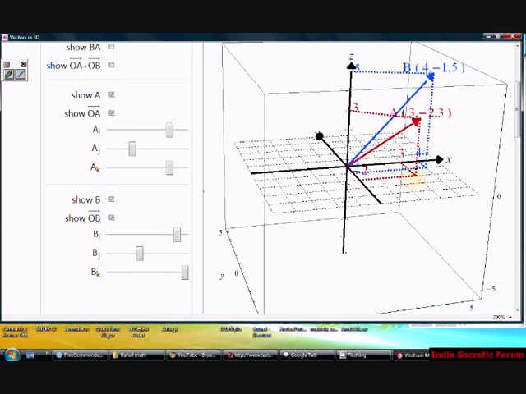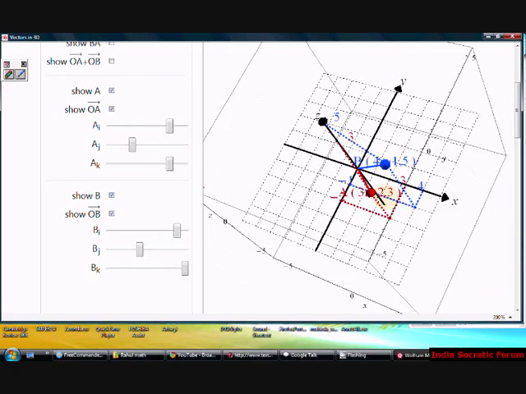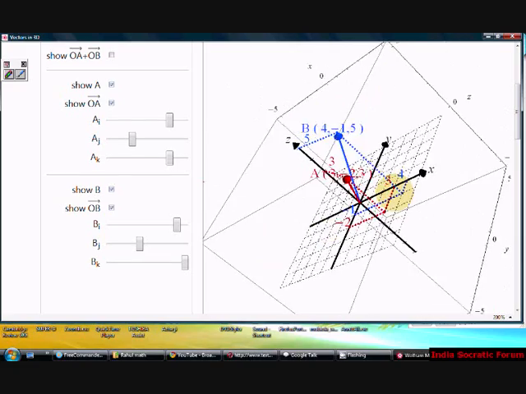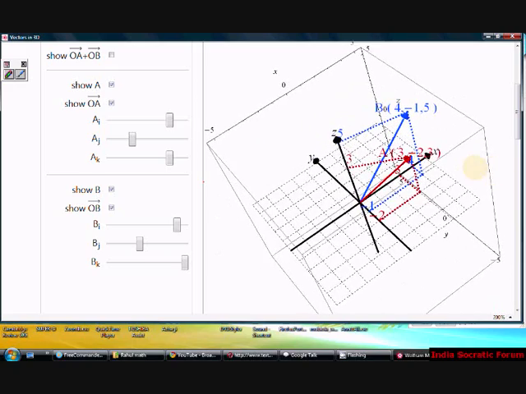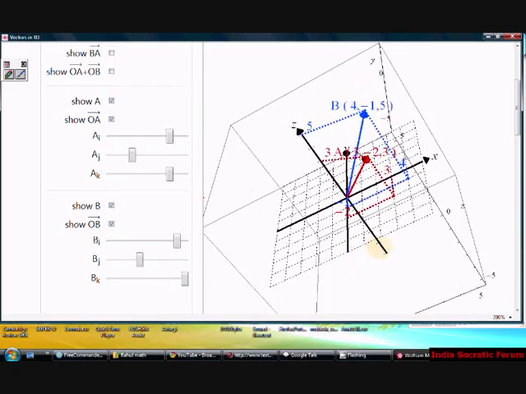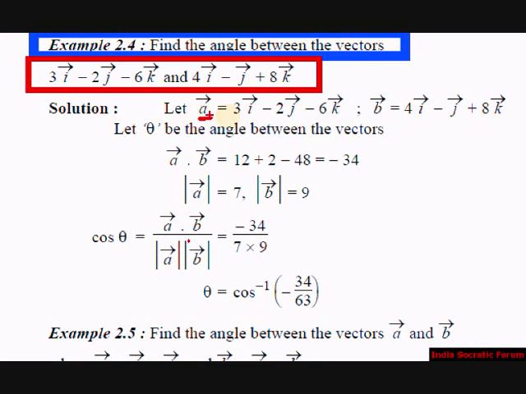Likewise, both the points have their own components. You can see it here. Okay, this is the representation of these points in the space. This is the A vector and the B vector in the three-dimensional space. We saw that the angle between them is going to be theta.